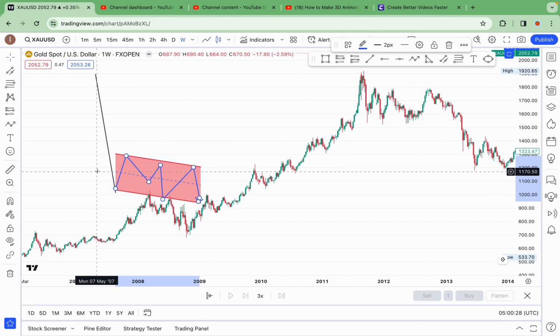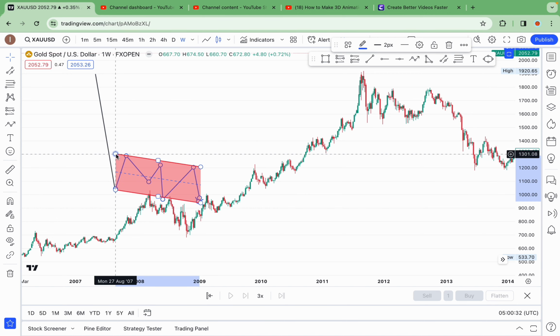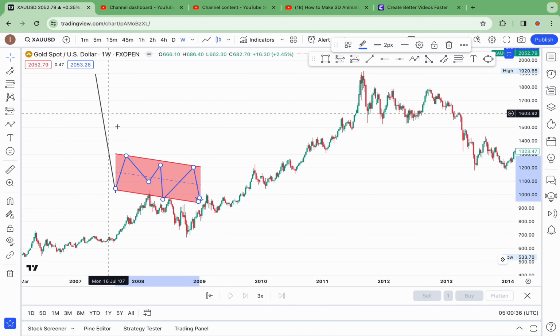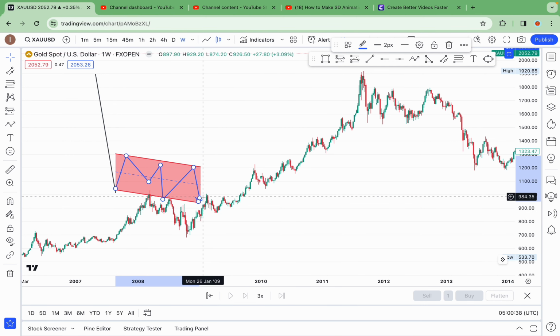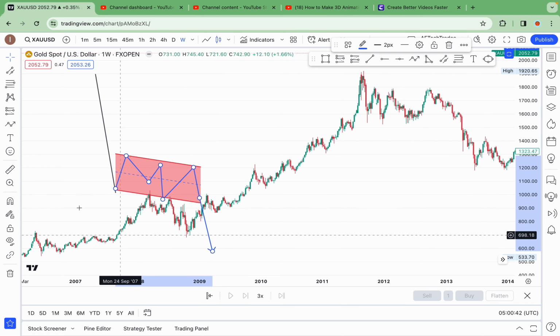In this case, this is a flag pattern that is sloping downward. It denotes a continuation pattern. What this usually means, if you see it in a downward trend, is that the next move is going to be downward. If the reverse is the case, it is upward.